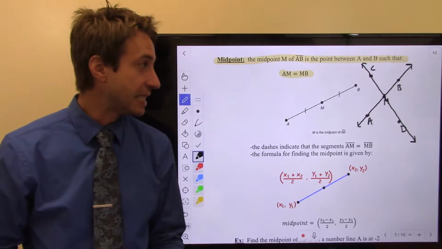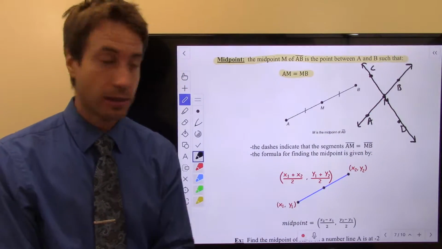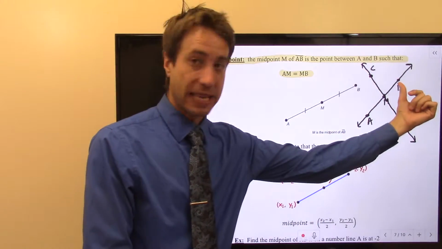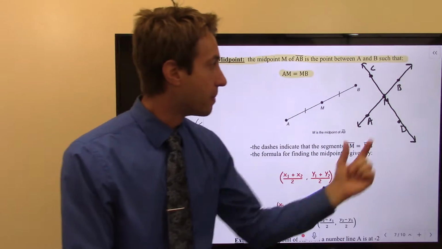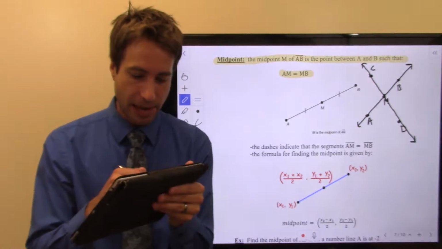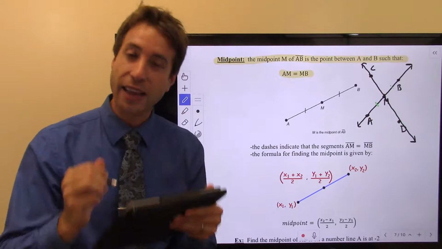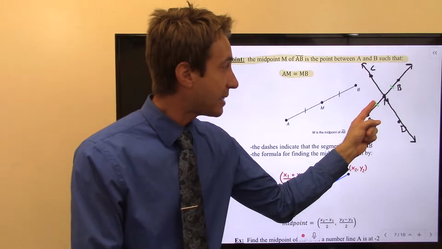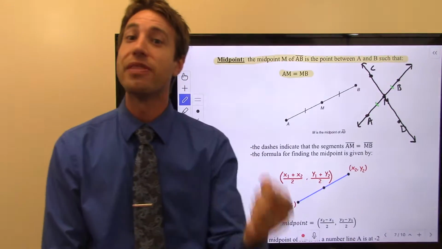But here's the idea. If M is the midpoint of line segment AB, M is directly in the middle. So you know AM and MB are the same length. They have the same measure. And like I said, we'll use a little dash on either side to let you know that that distance and that distance are the same.